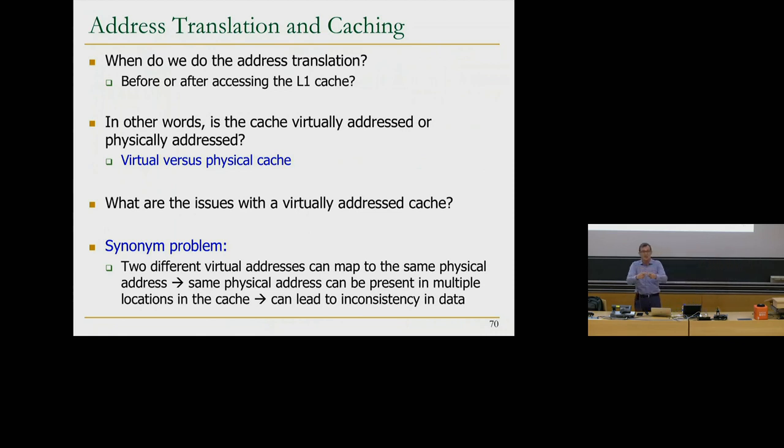And if you access your cache with a virtual address, they will bring data into two different locations in the cache, because you're using the virtual address to index the cache. Now you have the same physical data replicated in different locations in the cache. What if you write to one of them? Now you have a coherence problem inside your cache. Within your cache, you need to keep these different copies coherent. And this causes a headache.